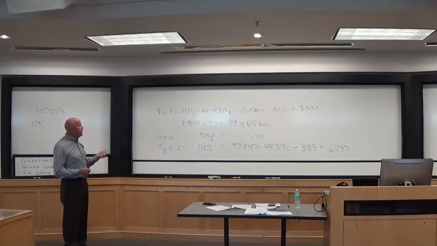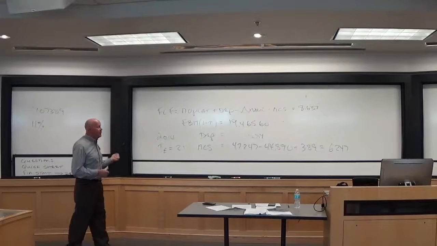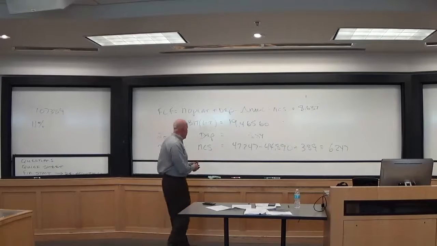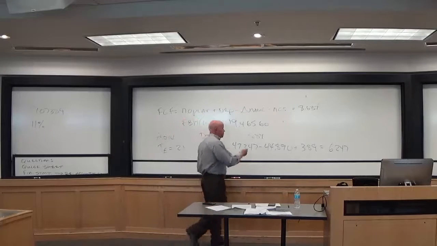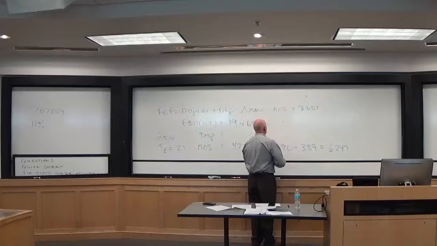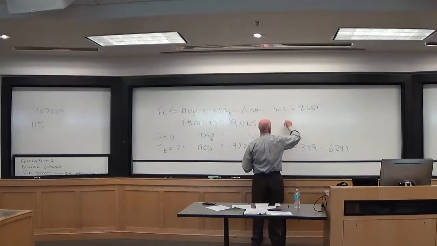Well, as it turns out, this is an important number, so let's think if we can replicate this number by the other equation that we know. I will do that over here on the other board. Let me put the change in net working capital number down.